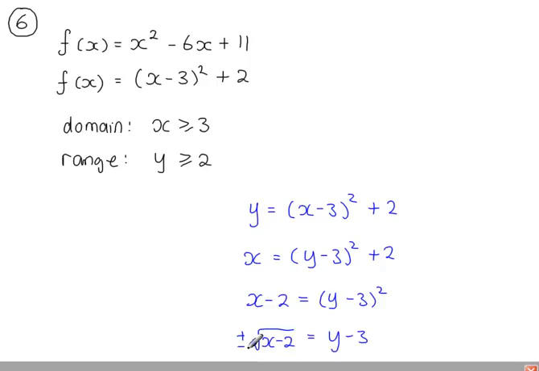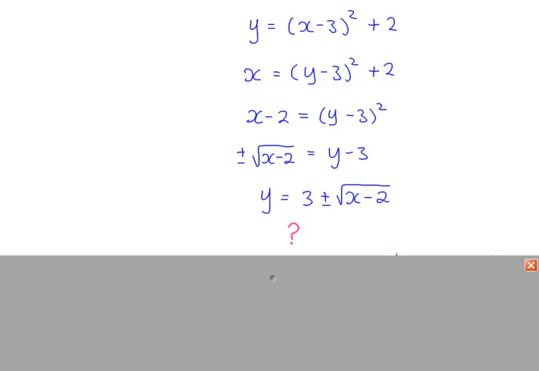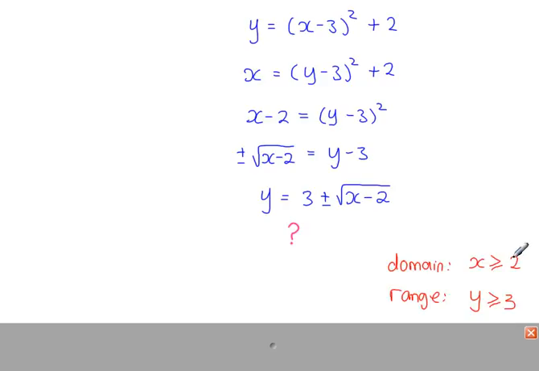Again, there's a choice. Looking at the domain and range, for the range to be y greater than or equal to 3, then the sign here should be a plus.